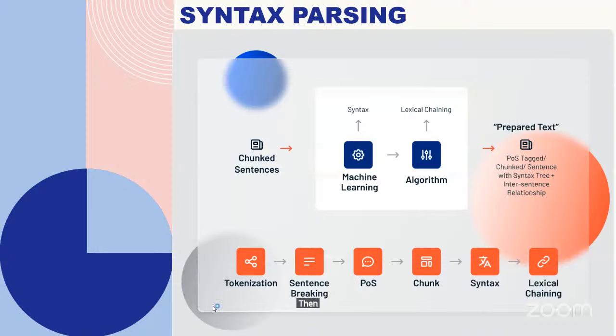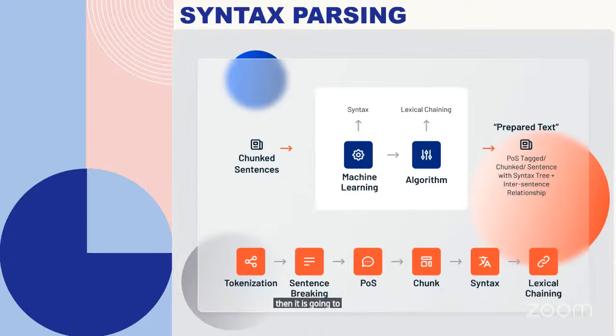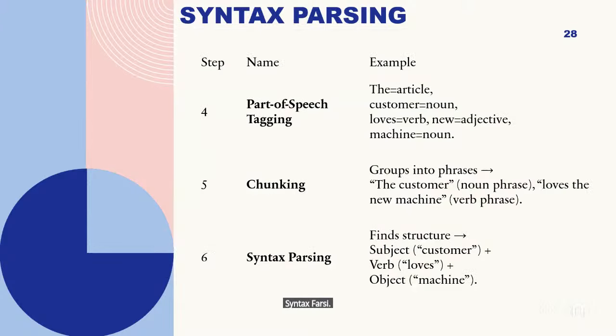Then we have syntax parsing. This chunked statement, that is grouped statement, is again given to the algorithm. Then it is going to give the prepared text, that is called syntax parsing. You can see here, it is going to find the structure exactly: subject, verb, object.